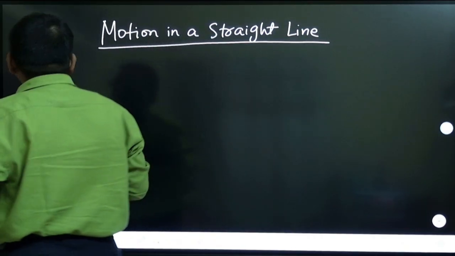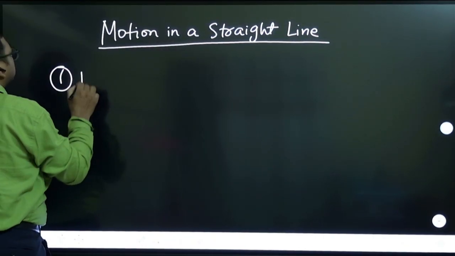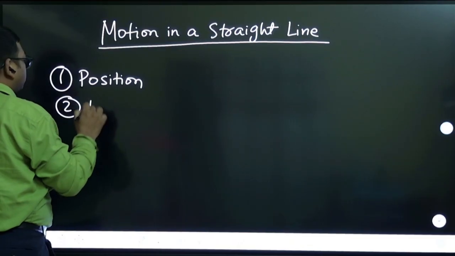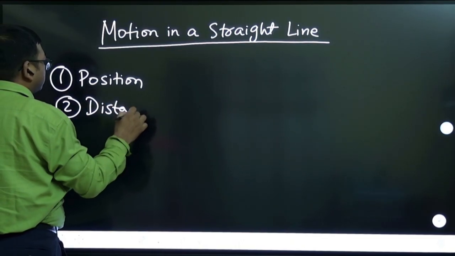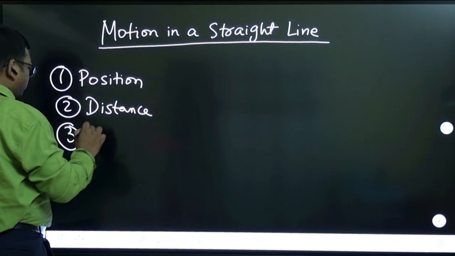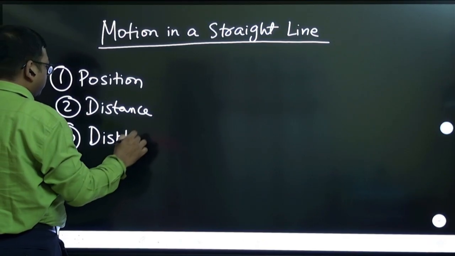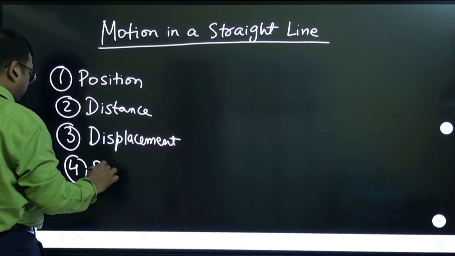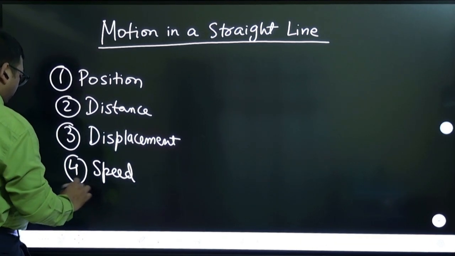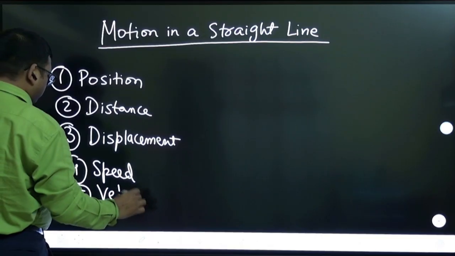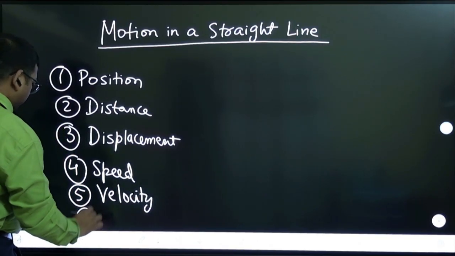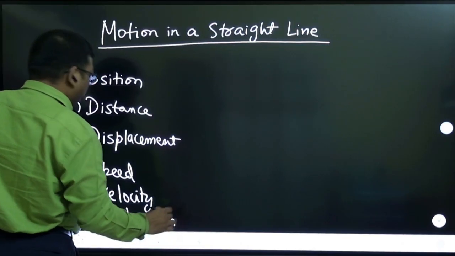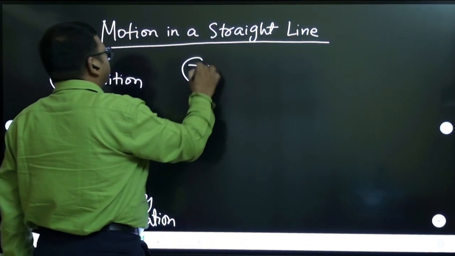Some of the important terms which we need to discuss are position, distance, displacement, speed, velocity, acceleration, and jerk.